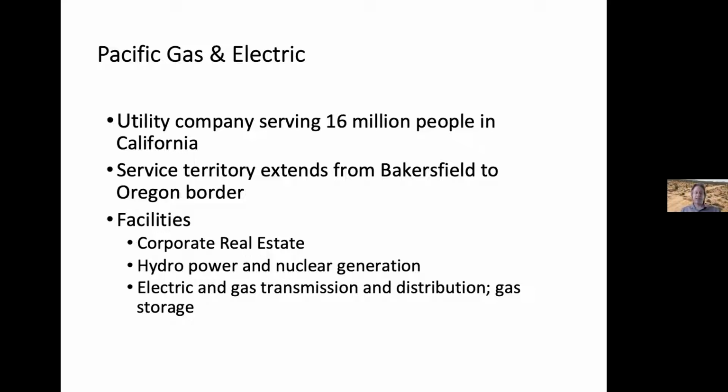And then we have a lot of linear, or called distributed infrastructure, so electric and gas lines. So these fall into the transmission type that take gas or electricity from town to town. And then there's distribution that takes the gas or electricity to your house. And the distributed assets, you can't avoid faults. Like a building, you could relocate. You could find out where the fault is and relocate it.